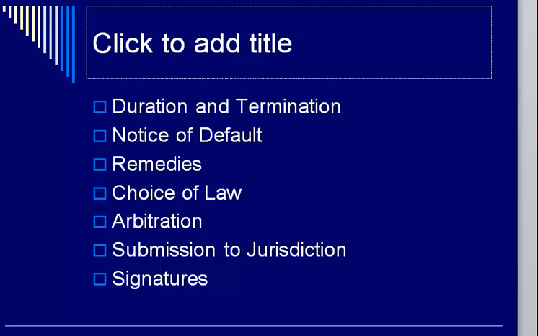Submission to jurisdiction. This is different than choice of law. Choice of law says, hey, Washington court, you need to apply Oregon law to this dispute. Submission to jurisdiction says, hey, Washington court, the parties to this contract have agreed in advance that they will be submitted to the jurisdiction of your court, even though they're in Florida.